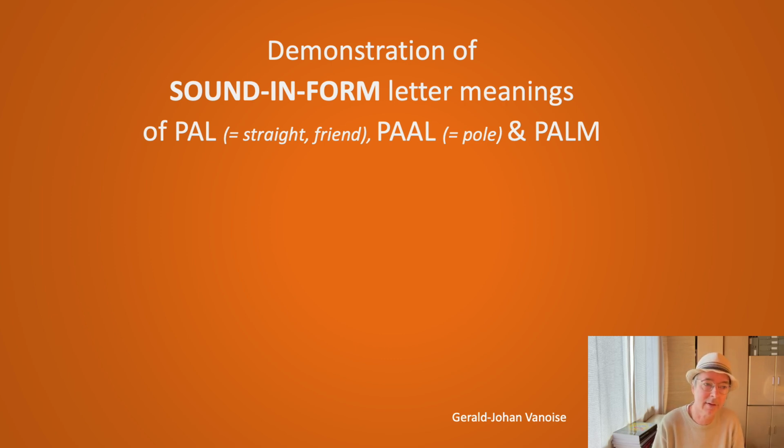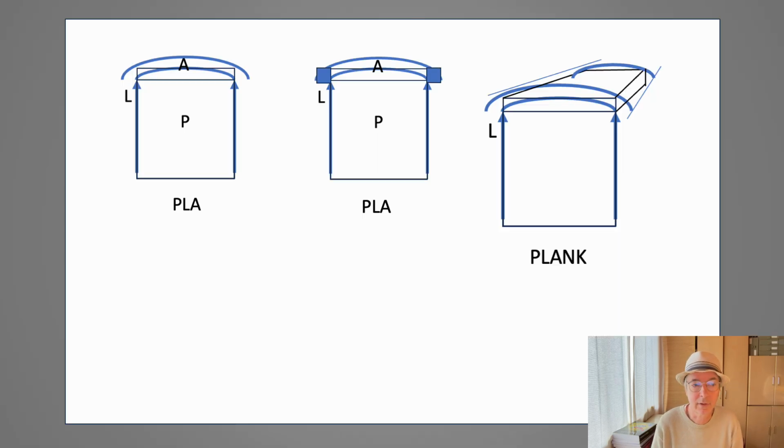This is a demonstration of the sound-informed letter meanings of the words in this order of letters: PAAL, PAAL and PALM, which go a bit in the opposite direction of words I had before. I already had the words that started with pla, like plant, plan, plank, as you can see here.